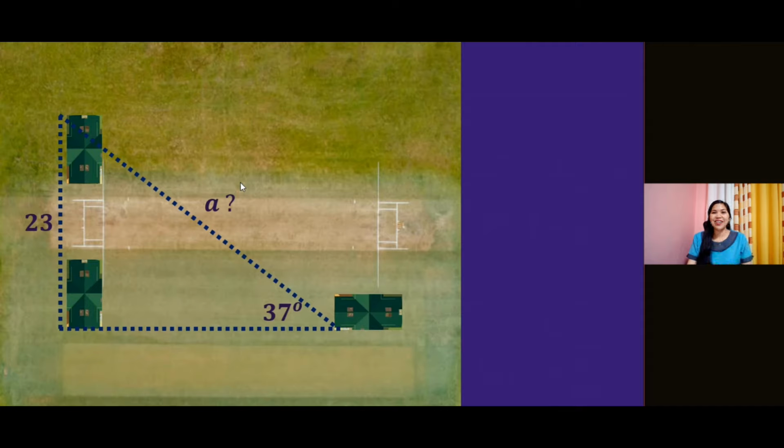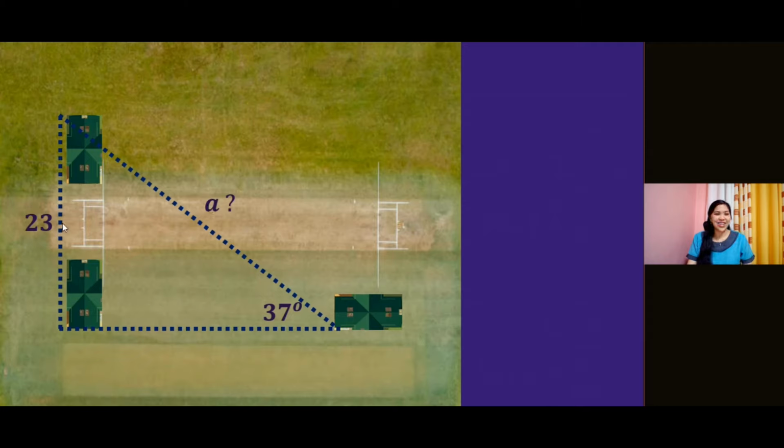Try to consider our given angle, which is 37 degrees. Now, if we set this angle to be our angle of reference, what side is 23 and what side is A, which is the distance that we are looking for?